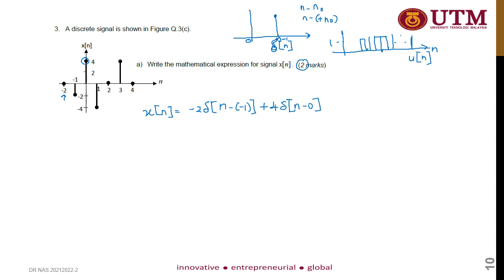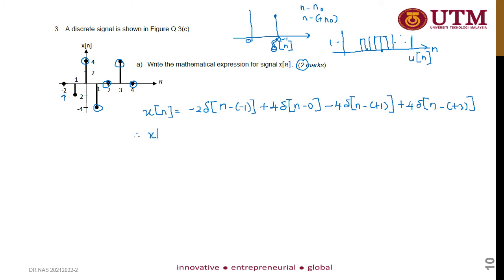Next you have a negative 4, and then delta, and its position is n minus positive 1. Then you have 0 magnitude here, and also here. Then you have another one, positive 4 delta n minus positive 3, and then finalize your equation.